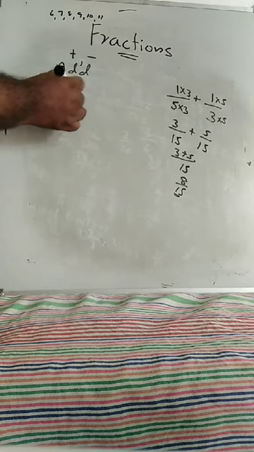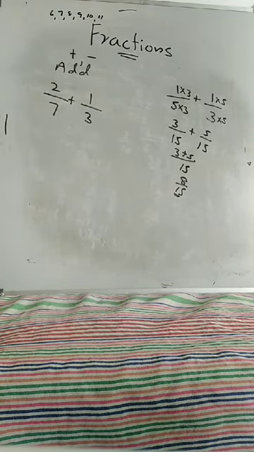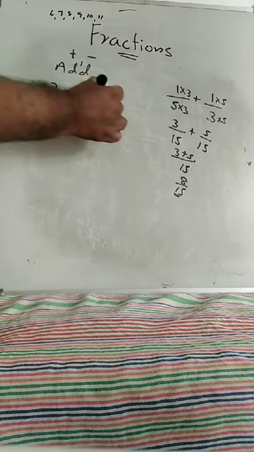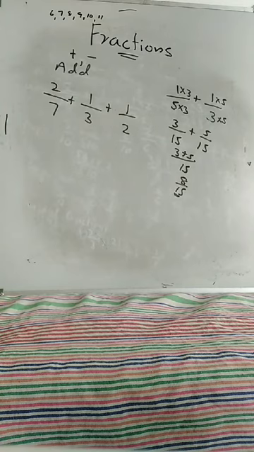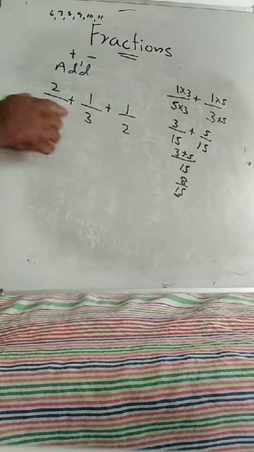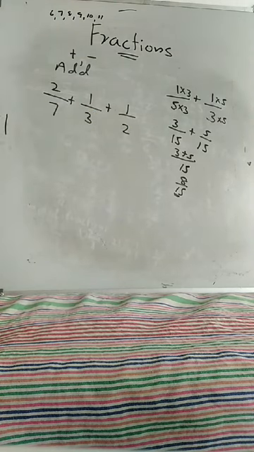2 upon 7 plus 1 upon 3 plus 1 upon 2. Here, look, 3 fractions are there. All are unequal denominators: 7, 3, 2. Right. Here, multiples of 7: 7, 14, 21, 28, 35, 42.